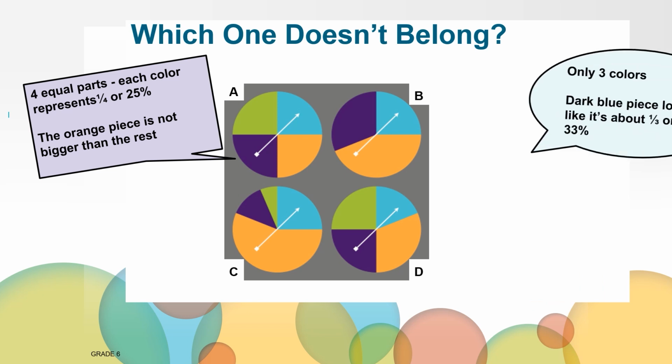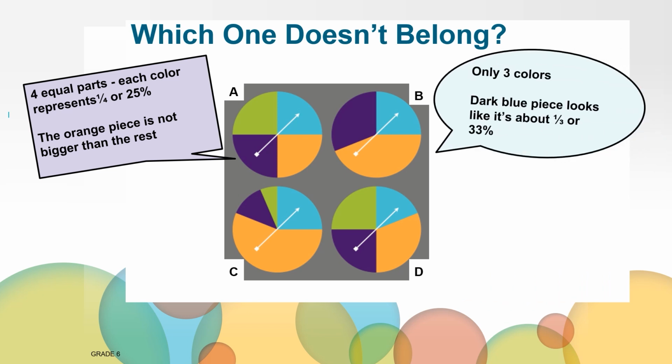Maybe you decided that image B doesn't belong because it's the only spinner with 3 colors instead of 4. Or because the dark blue piece is larger than all of the other dark blue pieces in the other images, and it looks like it's about 1/3 or 33% of the circle.